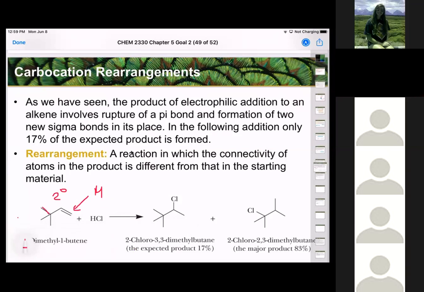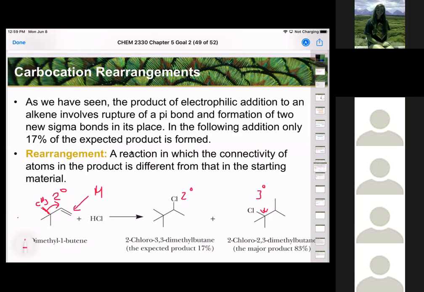So we have the sigma bond to a CH3 group. So we can move this over one carbon. That's why we call it a 1,2 carbon shift, because we're moving from one carbon to the carbon next to it. So it's a 1,2 shift to create a more stable tertiary carbocation at this center here. So this is the tertiary carbocation. This is a secondary carbocation.